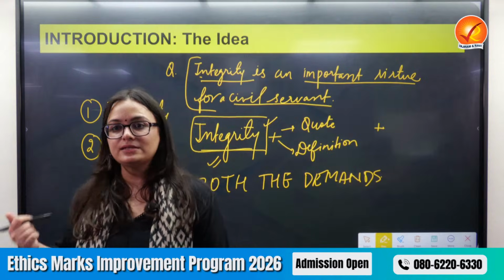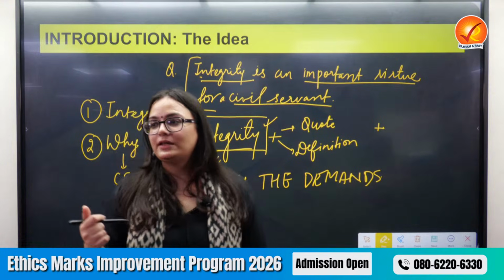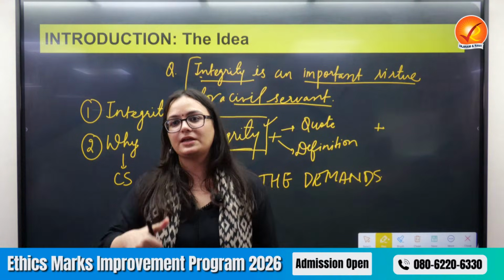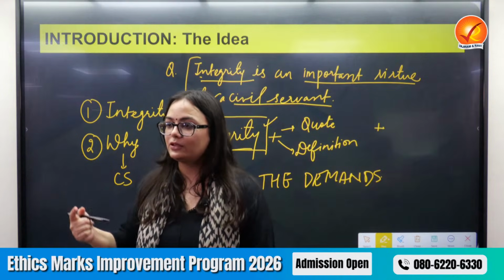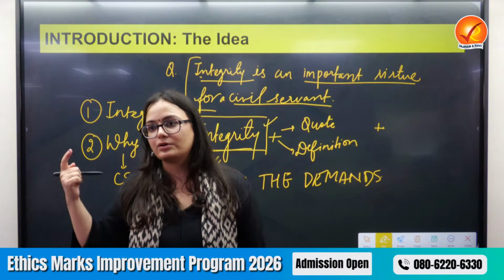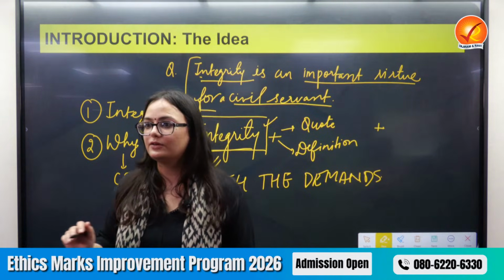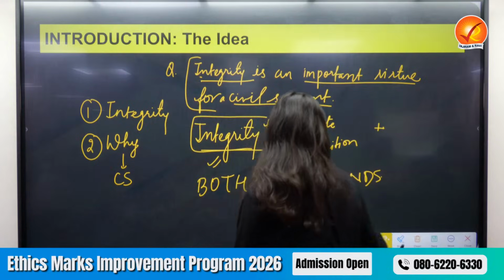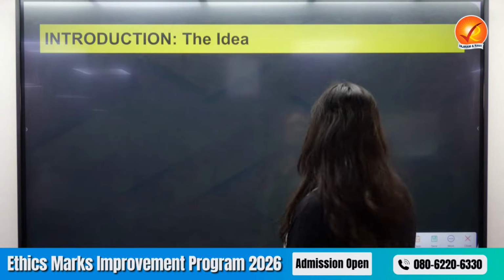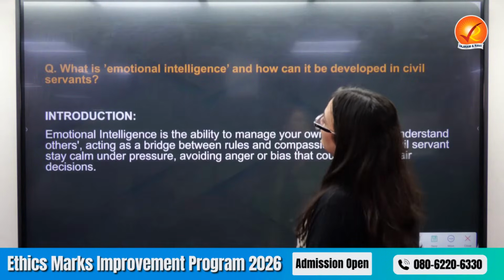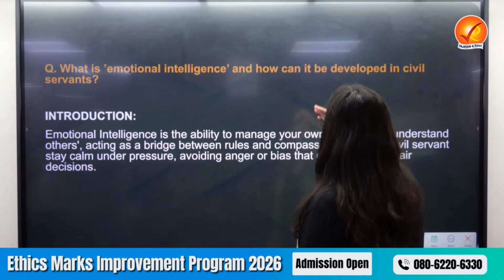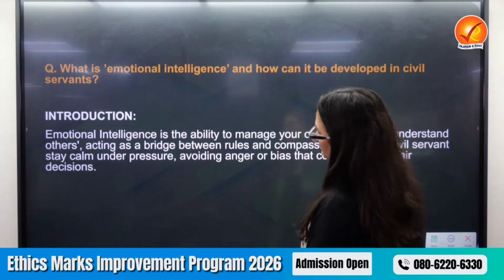When you write like this in the introduction itself, you are telling that I know you have asked what is integrity, and here itself I'm telling you why integrity is important for a civil servant. Is it clear? Okay. Now, this was an example of it that we just discussed.